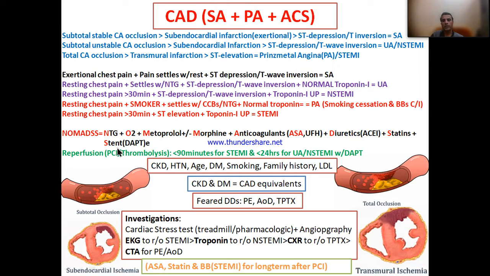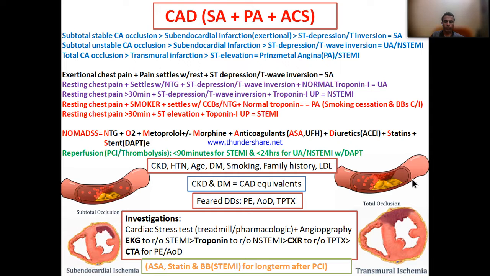And after stent placement, you have to give that patient dual antiplatelet therapy. Otherwise, stent restenosis or thrombosis can happen, okay? And obviously, a drug-eluting stent is preferred because that prevents restenosis.